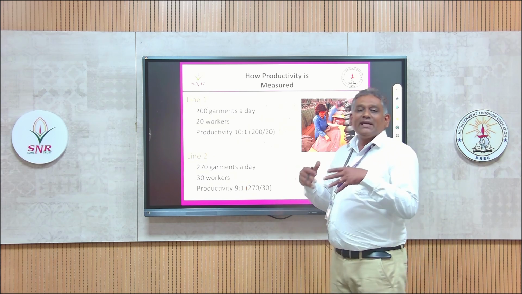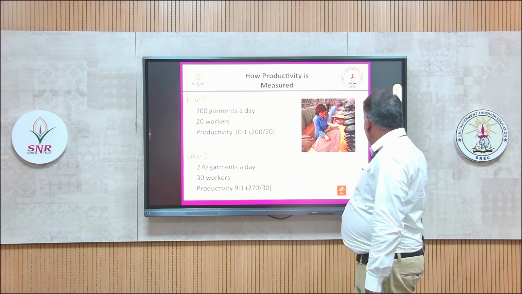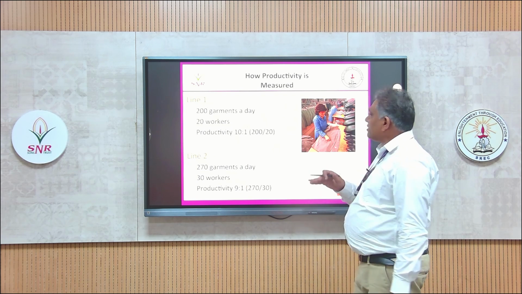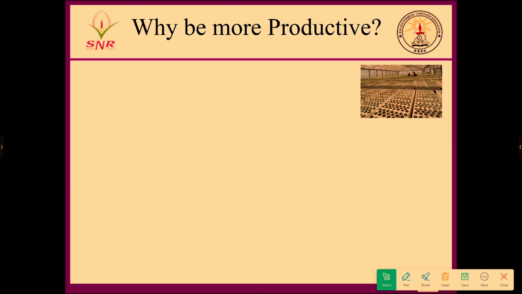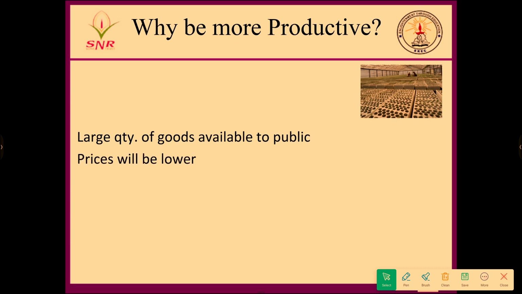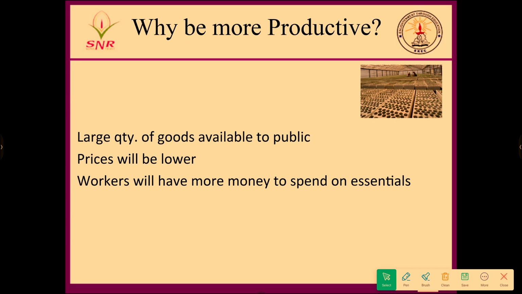So if you increase productivity, what will happen? What is the significance of improving productivity? The main reason why we increase productivity is this. When the productivity is increased, we will find a large quantity of goods available in the market, so that the prices will be less, because the production is more.